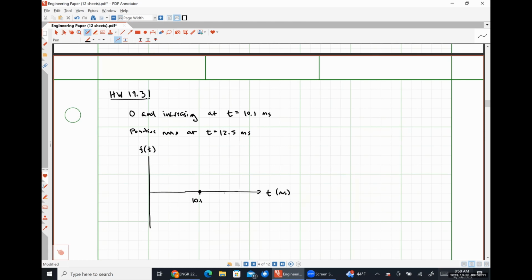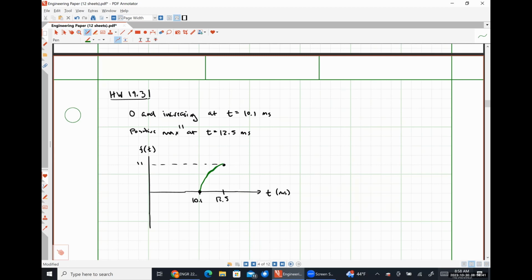And then over here at 12.5 milliseconds, it hits its maximum value. What was that maximum value? 11. Yep.